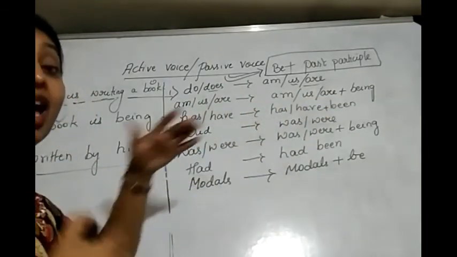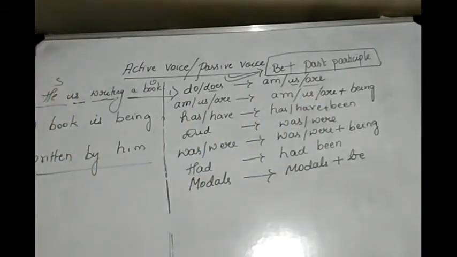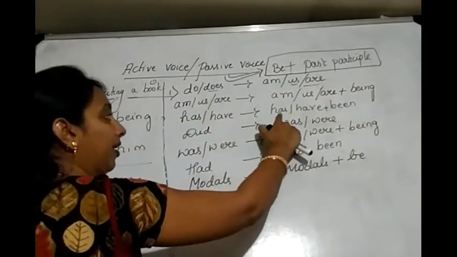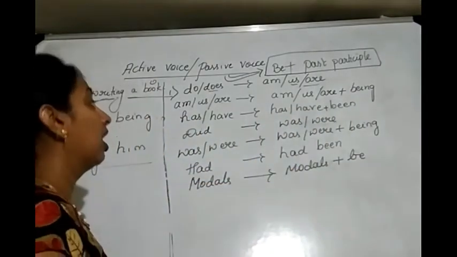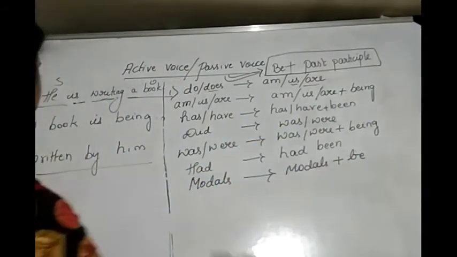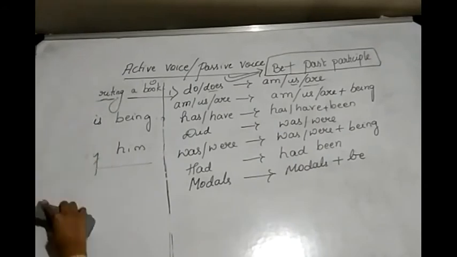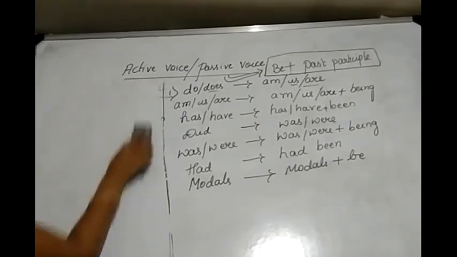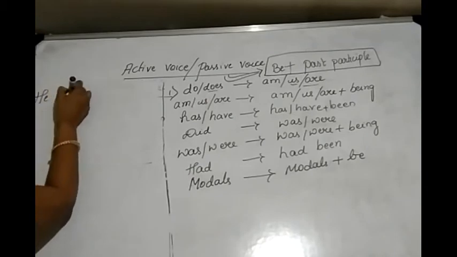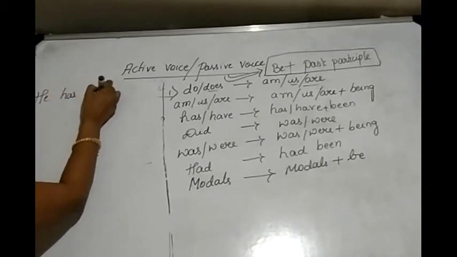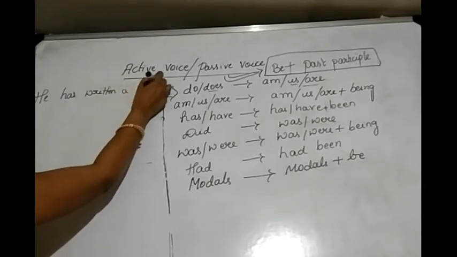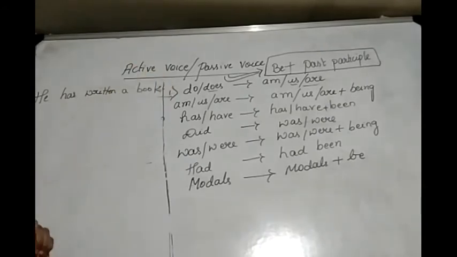Next we'll go for has or have. Whenever we have has, we have to add has been. Have been. For example, we'll take, he has written a book. So this is in active voice.